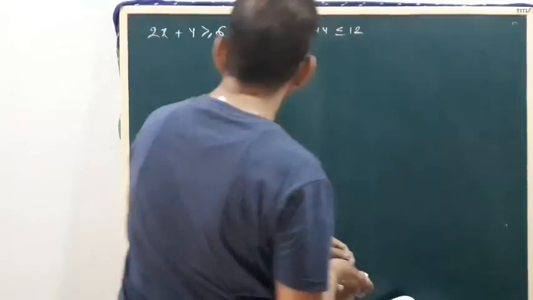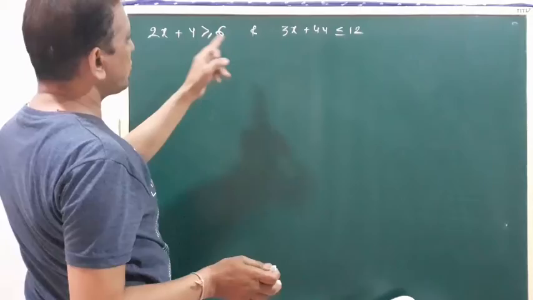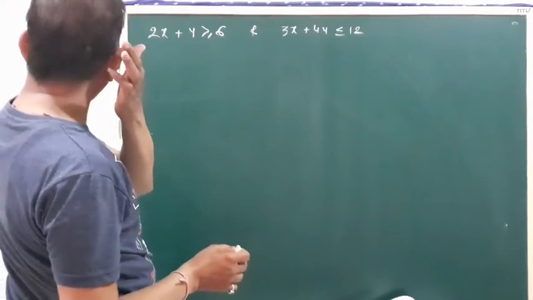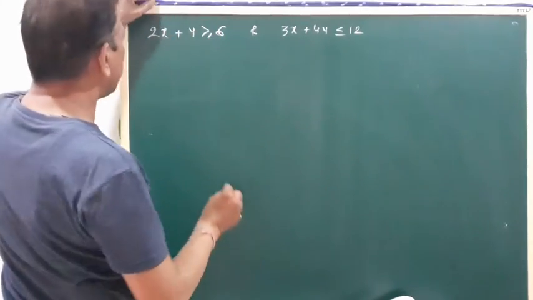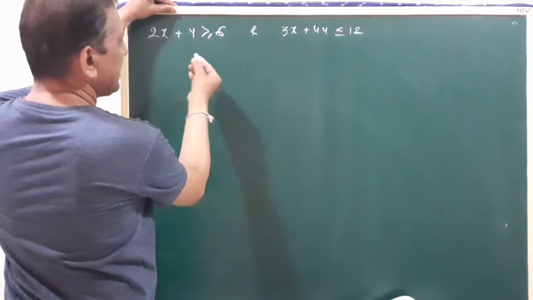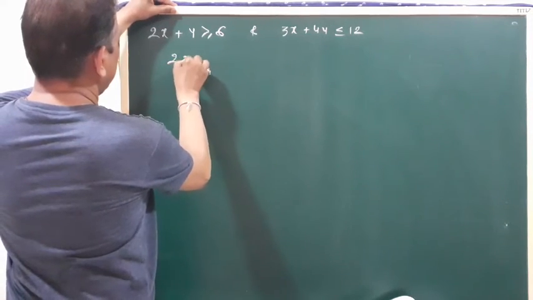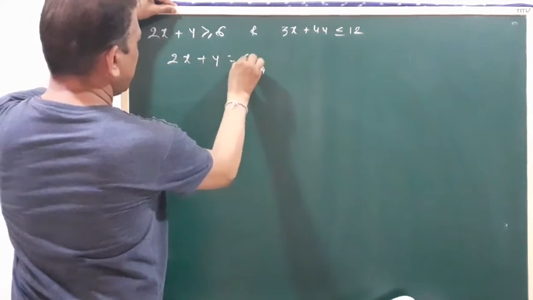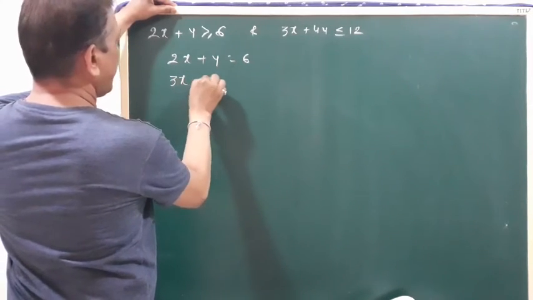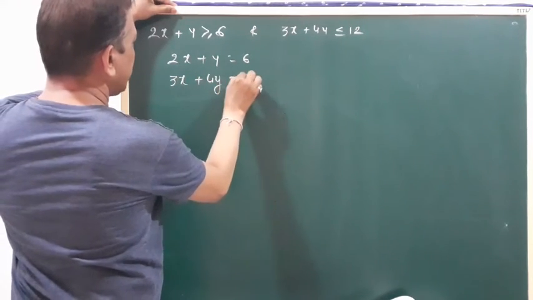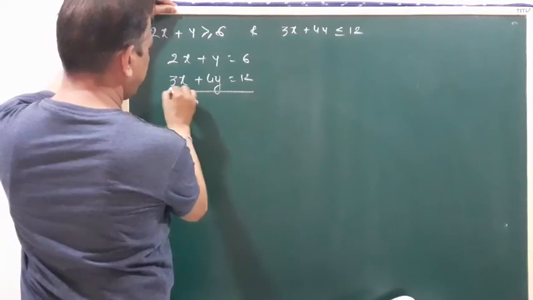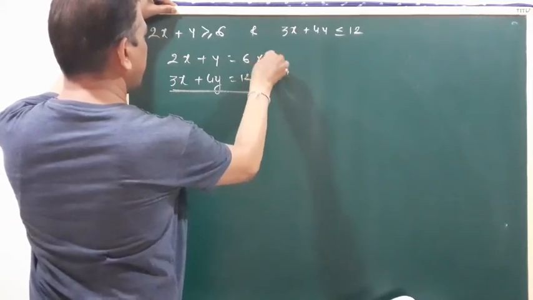Okay? Right. First we solve these two equations by the elimination method. Substitution method also you can. You can apply any one simple method. 2x plus y equal to 6. 3x plus 4y equal to 12. Here multiply by 4.